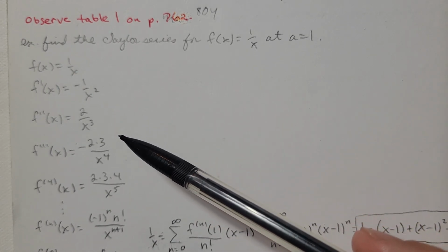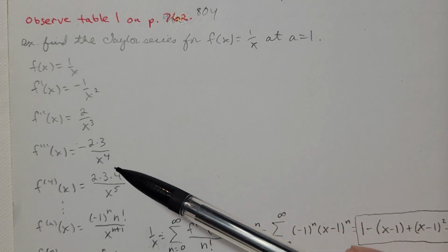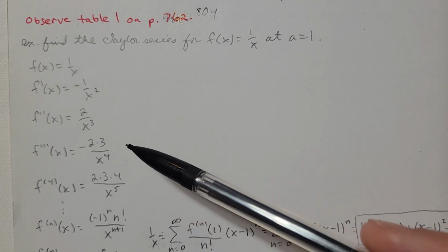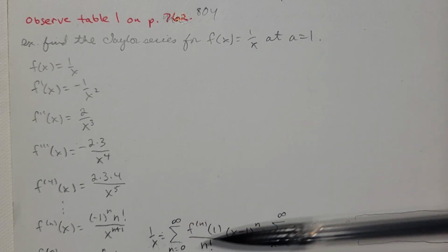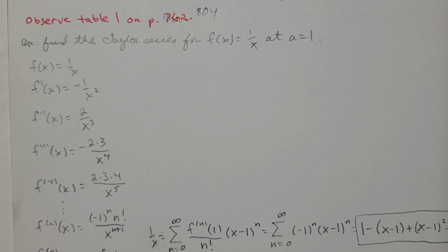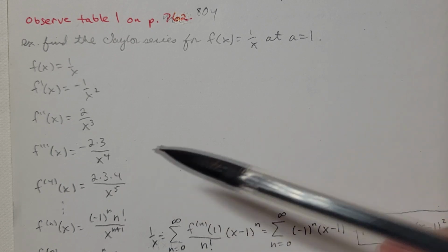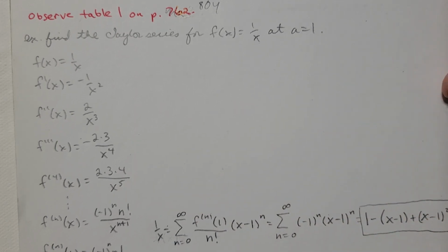So I get 2, and then times the negative 3. That's negative 6, right? I'm gonna keep this as is though, just because of a pattern that we're gonna see. And then divided by, or times, x to the negative fourth is the same as divided by x to the fourth. Okay.